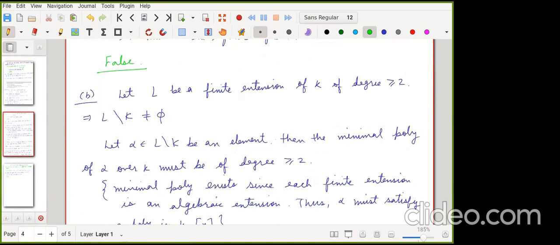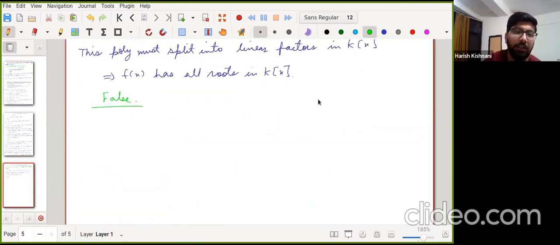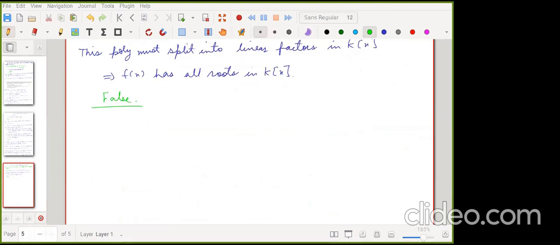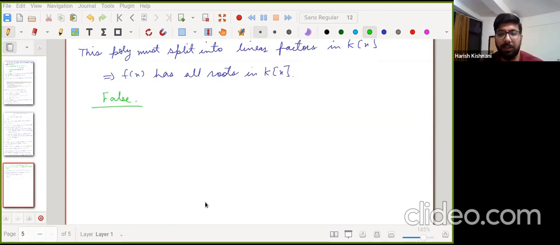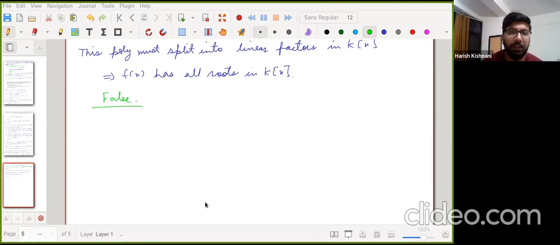If you take K equal to C, the hypothesis will be satisfied. K equal to C, the hypothesis will be satisfied. Yes. And C contains Q, but C is not inside R.